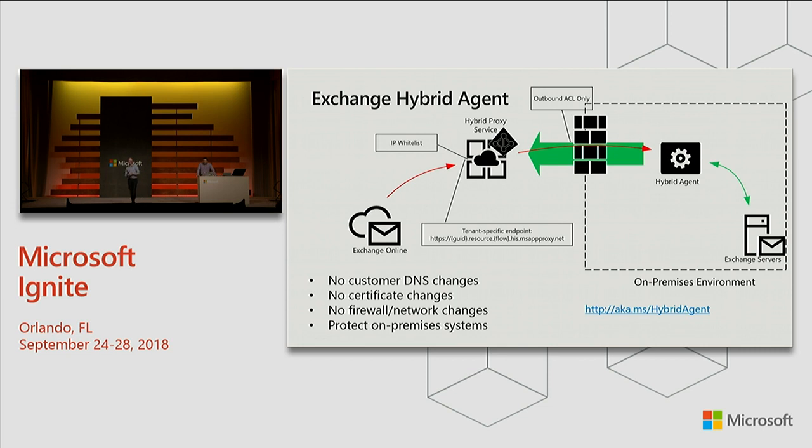What the Exchange Hybrid Agent does, and this is in many ways modern Exchange Hybrid, is allow you to no longer have any internet-facing endpoints to manage this hybrid connectivity. So you don't have inbound connections coming from Office 365 into your deployment.